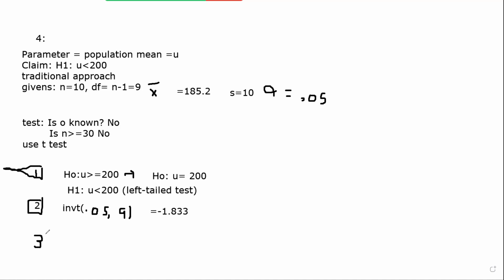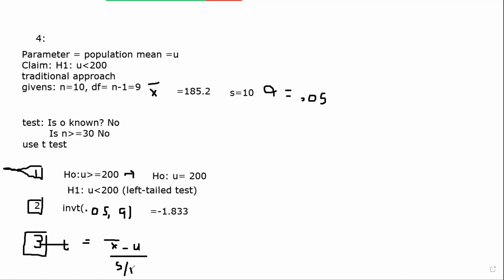Remember my test statistic formula: T is equal to X bar minus mu. The only difference here is your X. So this is X bar minus mu over S divided by the square root of N. That's my formula.